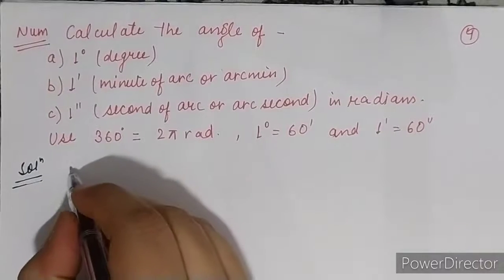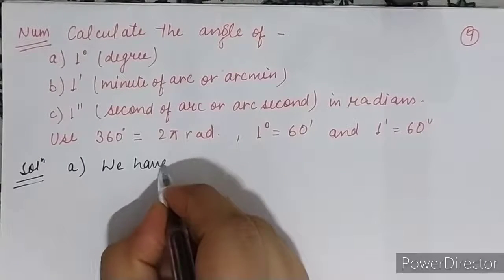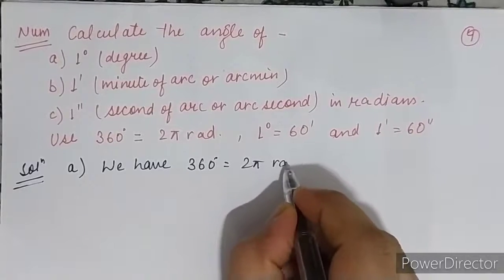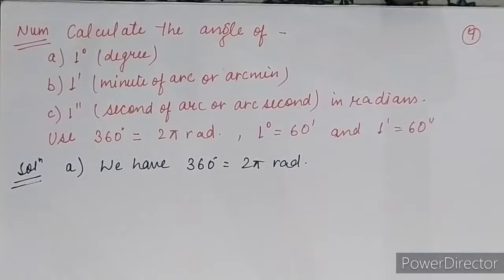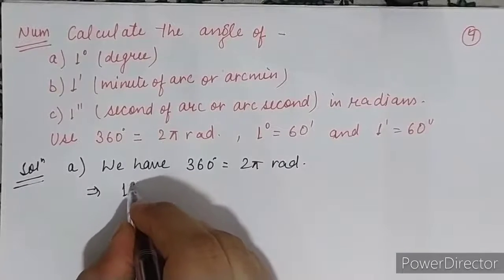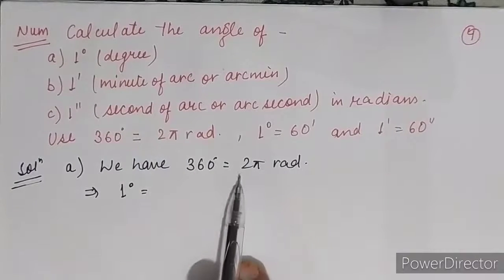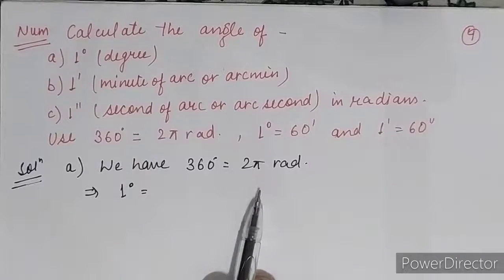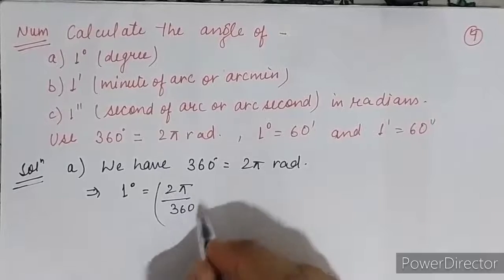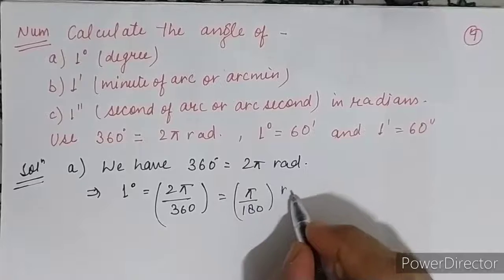For the first solution, we have a hint that 360 degree is equal to 2 pi radian. It is given in the question. Now, first we calculate for 1 degree. So 1 degree means 2 pi upon 360 radian. It will become pi upon 180 radian.